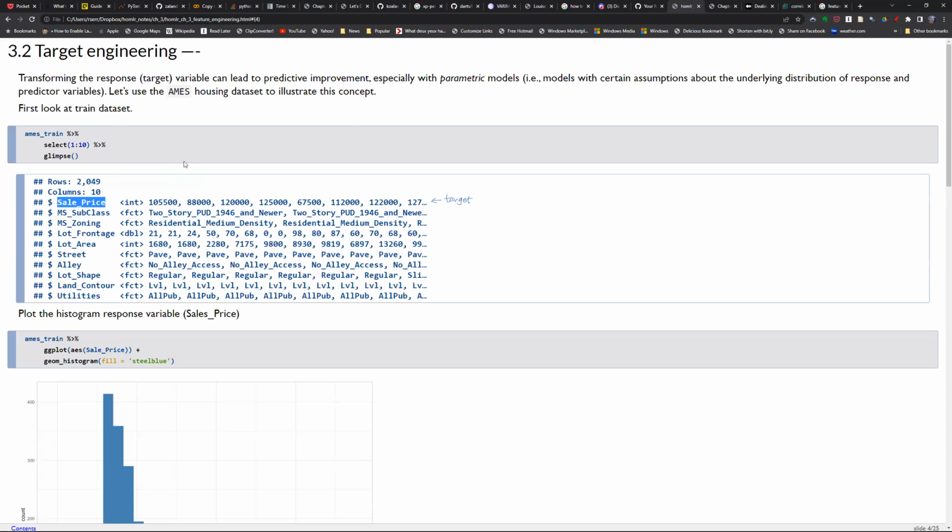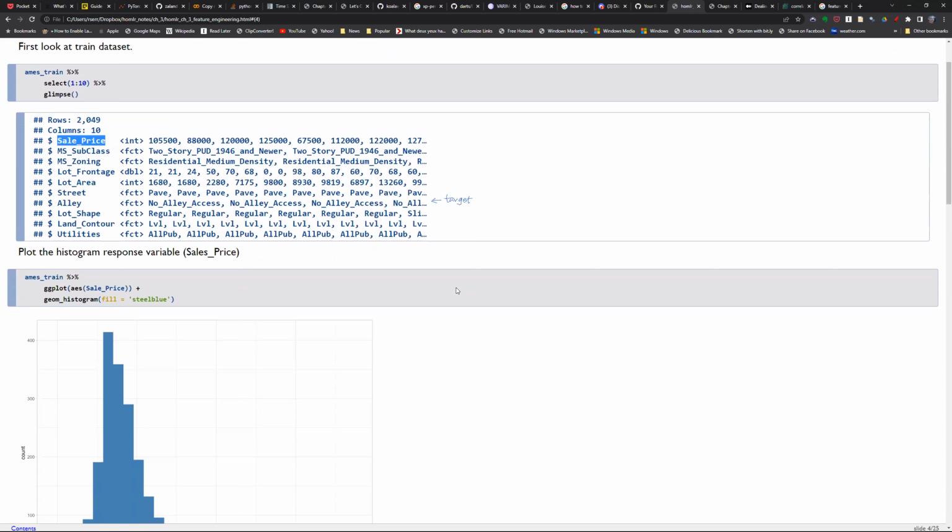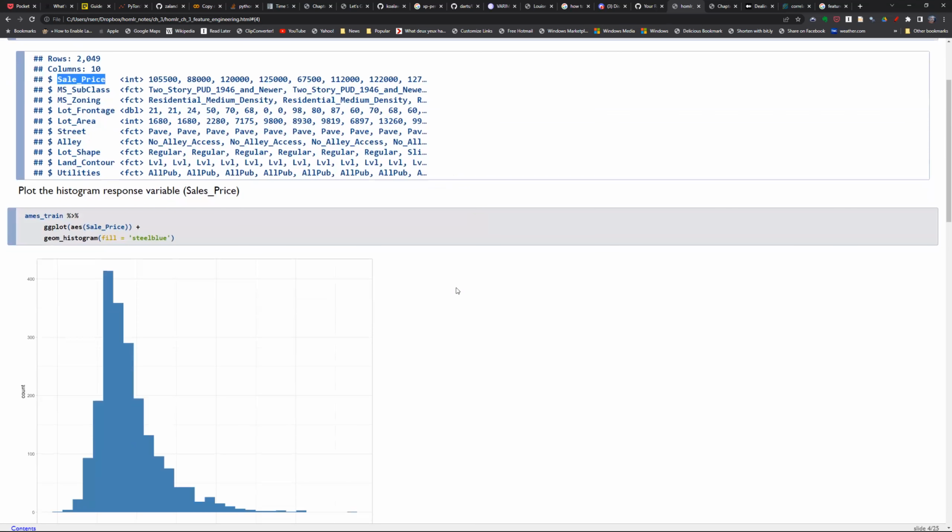One of the first things that we have to do in our exploratory data analysis is try to understand the distribution of that target, of that outcome. Because the outcome is numeric in this case, we can use a histogram.